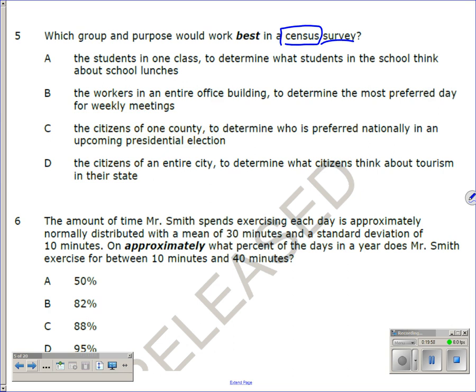Think about what a census is. A census gathers information about the population. So it's the population and not a sample.